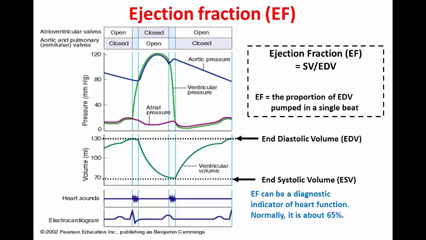So the ejection fraction is the proportion or the percentage of the end diastolic volume which is pumped in a single beat. Ejection fraction can be a diagnostic indicator of heart function. Normally, the ejection fraction is about 65%. So 65% of the end diastolic volume is ejected during the rapid and the slow ejection phase.